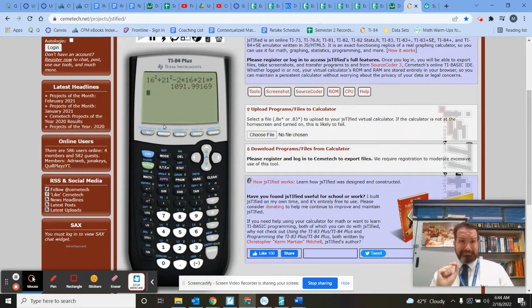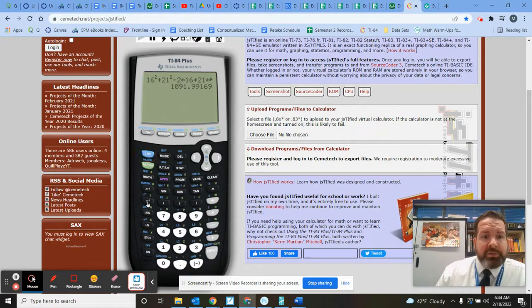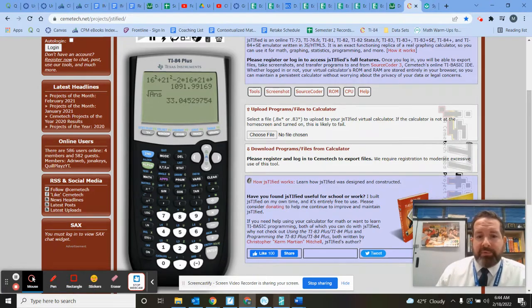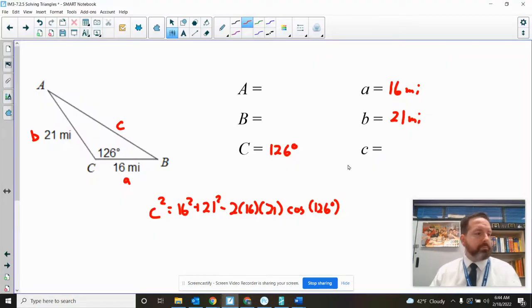Okay, important to know, that's not c, that's c squared. So I want to do the square root of this number. So square root, and rather than typing the number, please use the ans, the answer. It's going to use then the whole unrounded number. So my side length c is right around 33.0. This is being measured in miles.